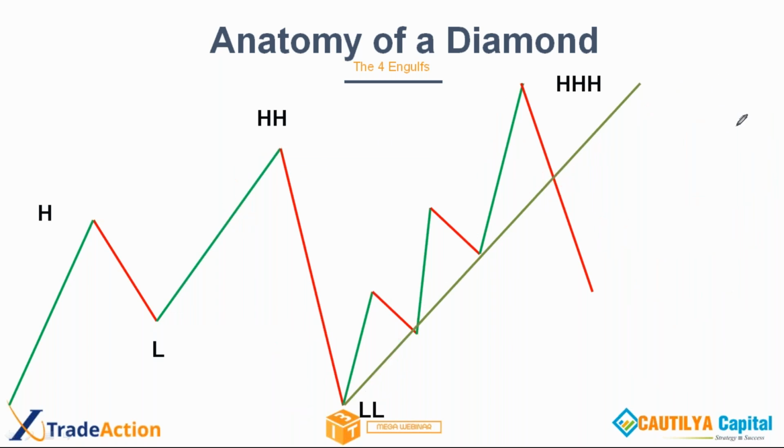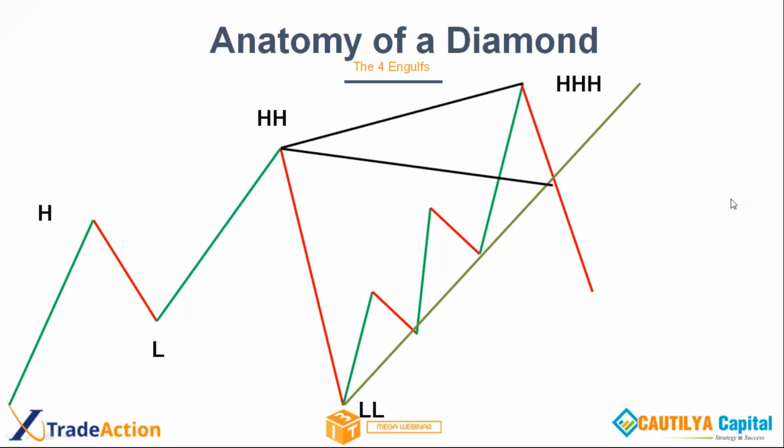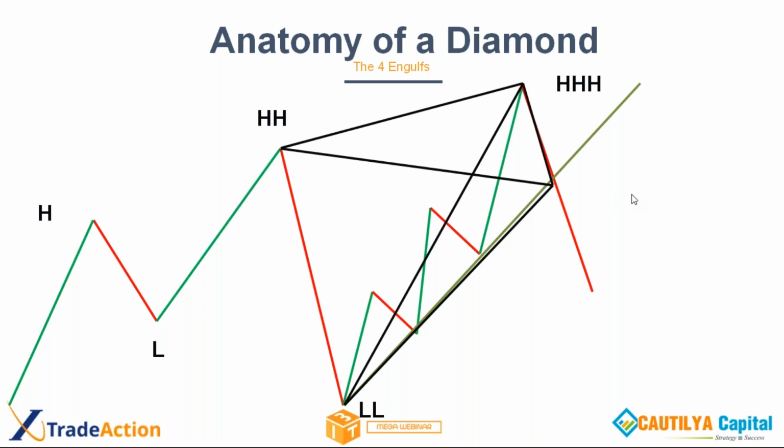All of them put together forms a diamond. At that time, what I do, I connect the higher high to the point of intersection of the trend line and the breaking point, and I join the higher high to the higher high. I join the higher high to the point of intersection, and I also draw a line between the lower low and the point of intersection, and finally draw another line from the lower low to the higher high.